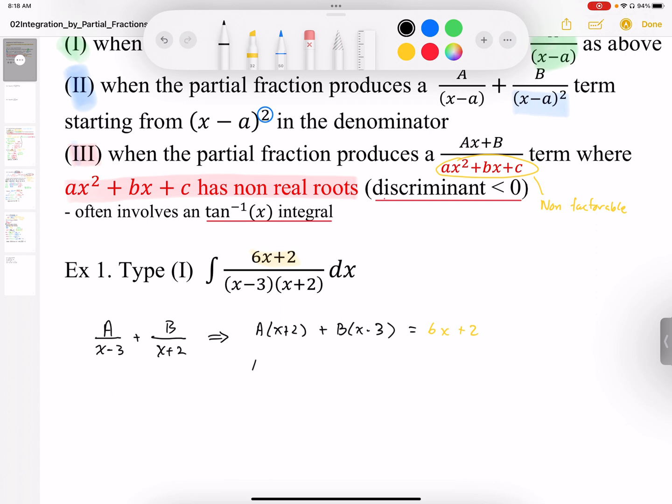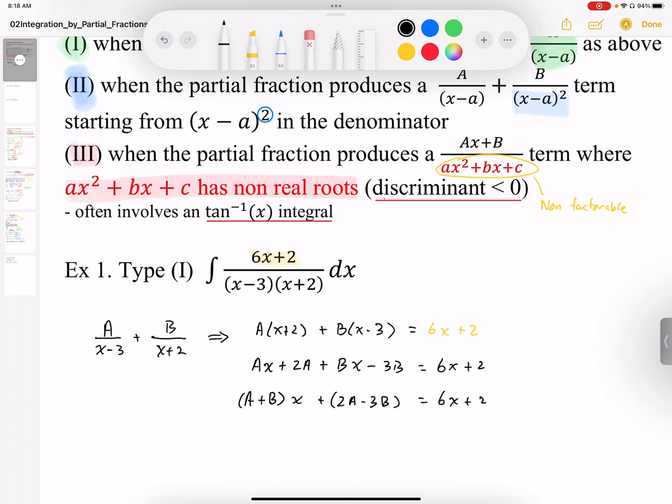I'm going to first of all expand this out. Ax plus 2A plus Bx minus 3B, and that's going to be equal to 6x plus 2. I'm going to group my like terms, so (A plus B)x plus (2A minus 3B), which I'm going to group as my constant, and that equals 6x plus 2.